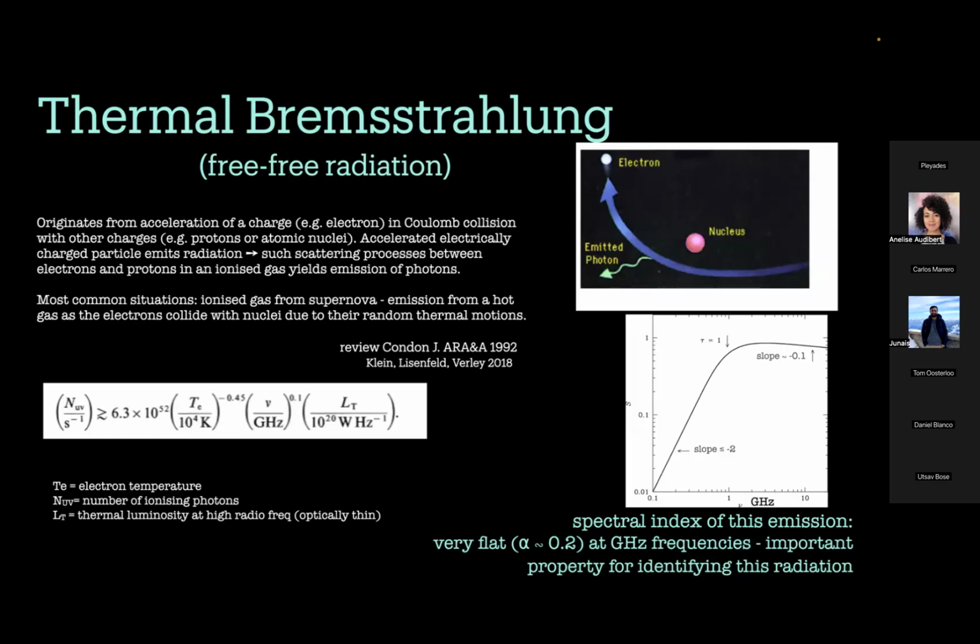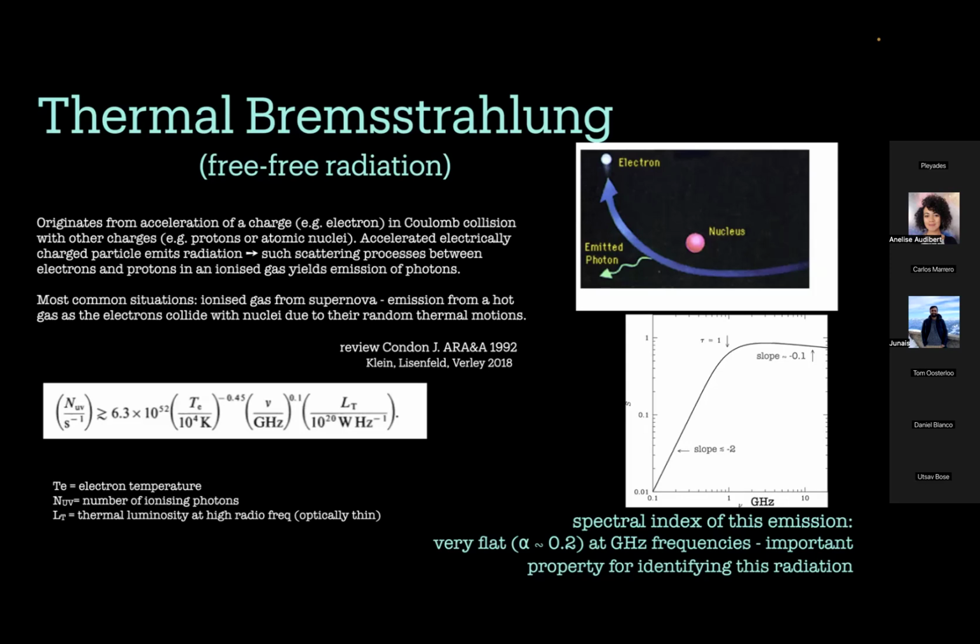So this is interesting for starburst, star forming kind of regions if you study them. The luminosity depends on the number of ionizing photons, so you can get a lot of physics out of that. Please, if you are interested, there is this review of Jim Condon that, although it's '92, is still very much relevant.